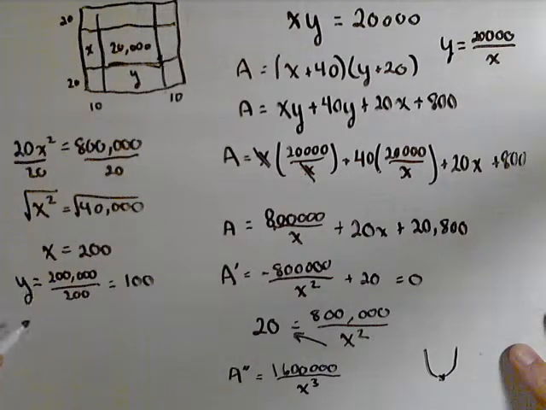So to x we had to add 40. So the minimum was going to be 240 feet by, you have to add 20 to y, 120 feet. So there's our minimum space. Like I said, I'll do this problem with Lagrange multipliers for those of you who are interested in a separate video.